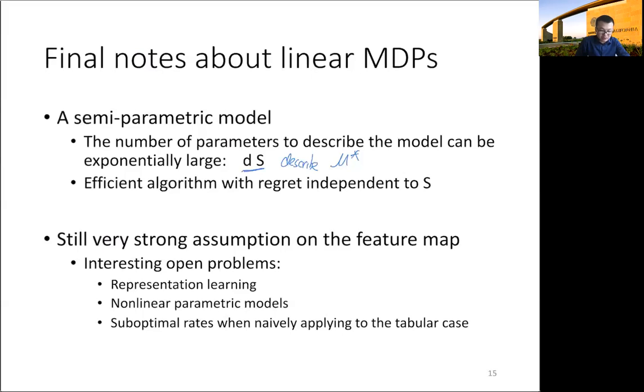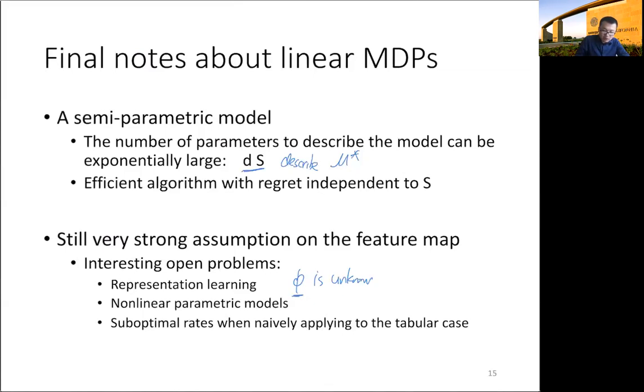And the second thing is that this is still a pretty active area of research on extensions of linear MDPs. In particular, people could ask the questions: what happens if phi is unknown? What happens if there exists such a linear representation, but you just don't have access to it? Can you use a deep neural network to parameterize a family that contains the one that is linear and then do end-to-end representation learning?